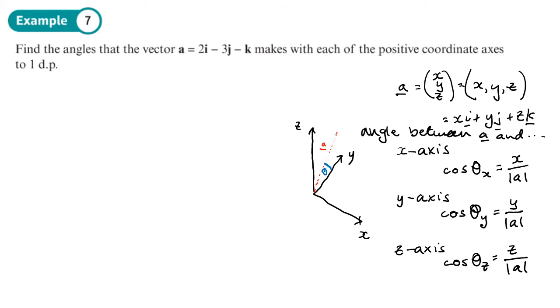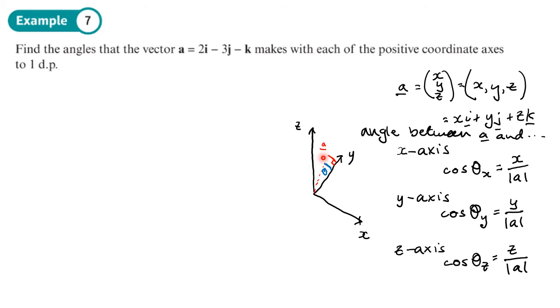Well, you can see if I draw a line from that vector to the y-axis, I'm just going to make this a little bit shorter so I can do that, and draw a line down here that's at a right angle, then you can see where the working comes from.